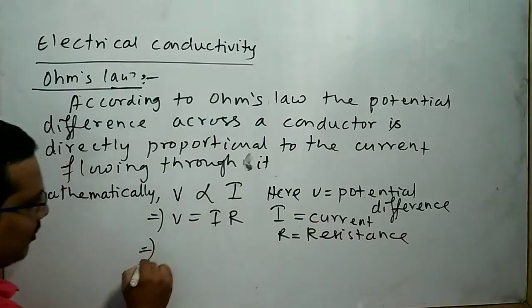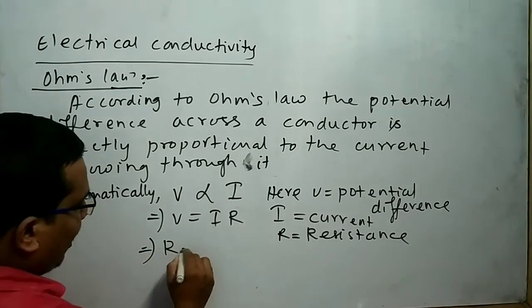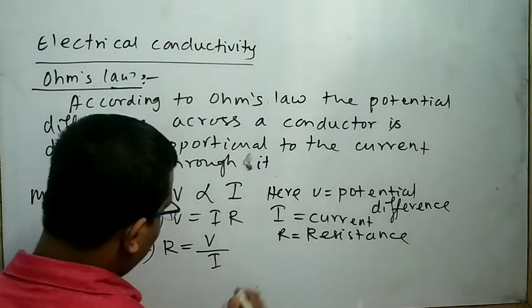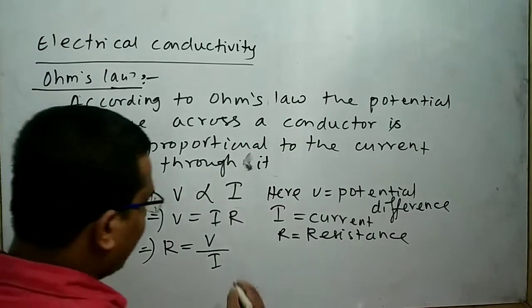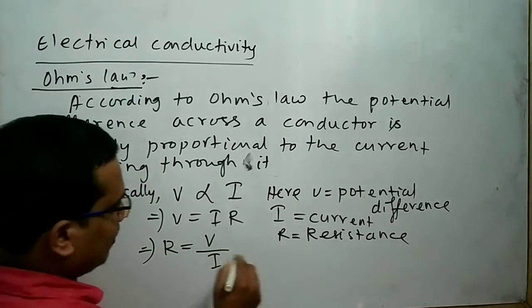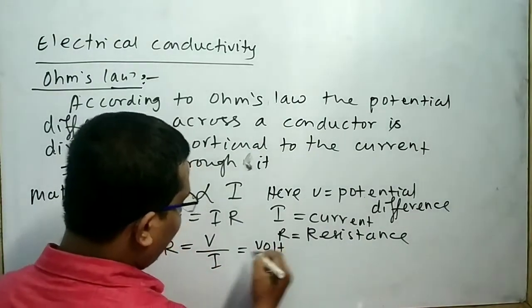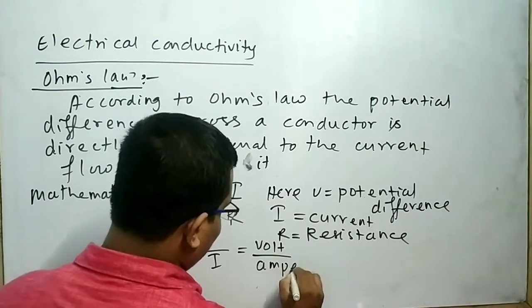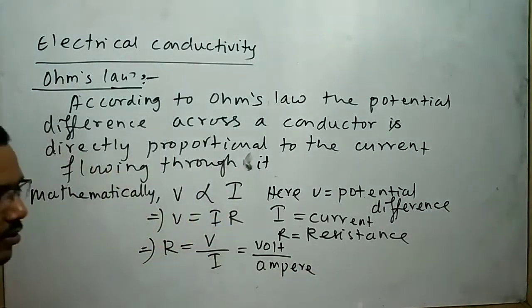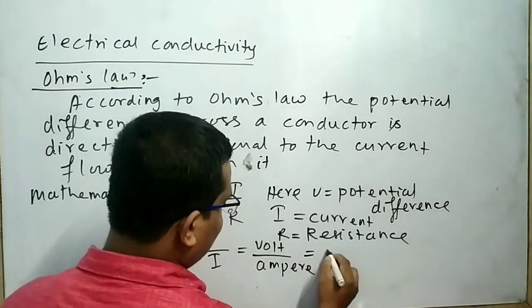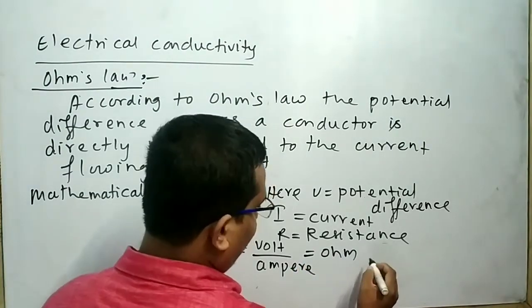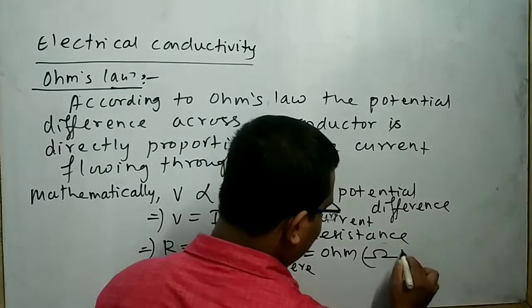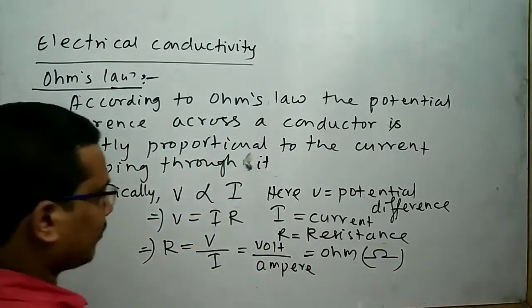So R is equal to V by I. The unit of potential difference is volt and the unit of I is ampere. That means R is equal to volt by ampere, which is equal to ohm. This is the symbol of ohm.